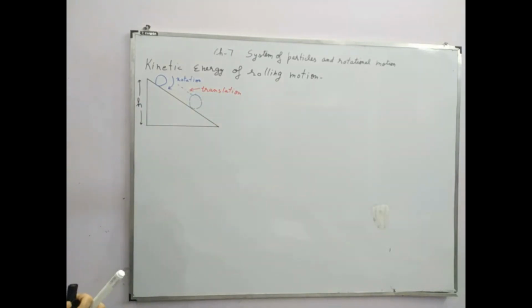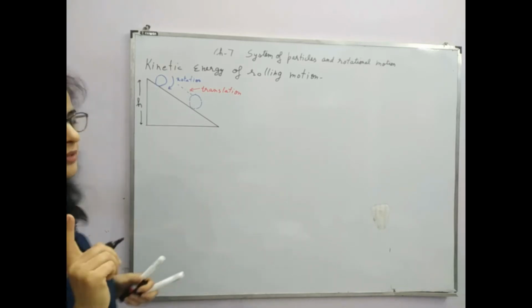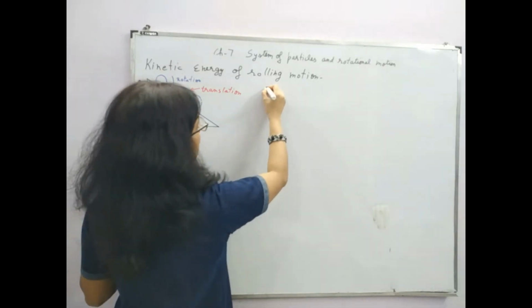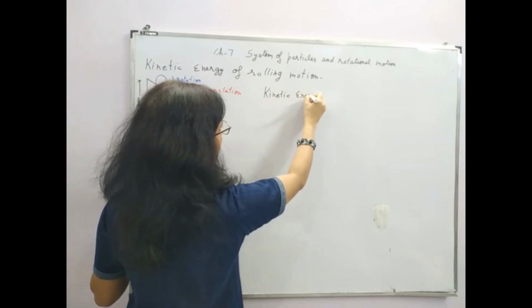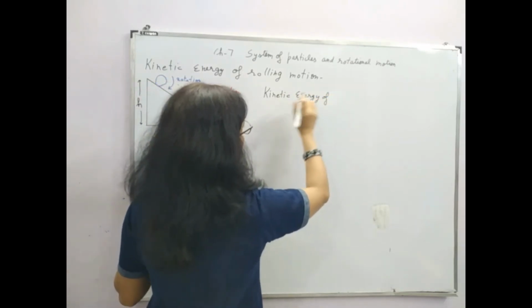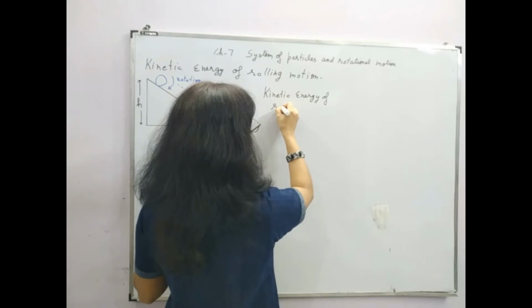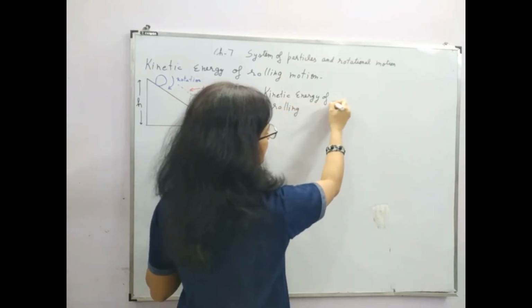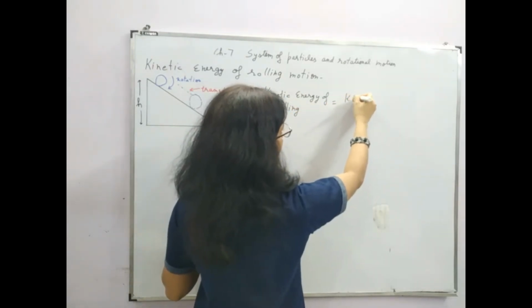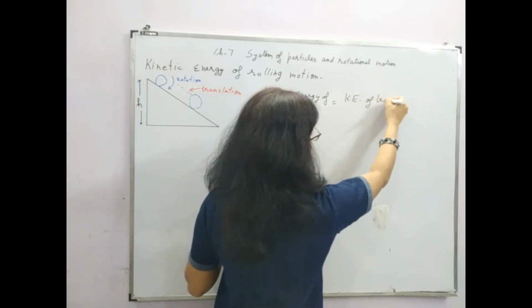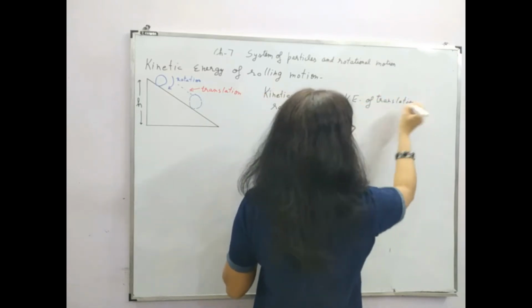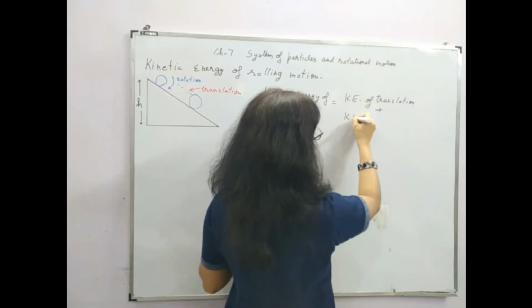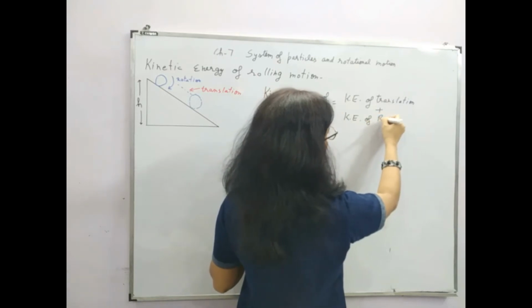So total kinetic energy of rolling motion will be the sum of the kinetic energy of translation plus kinetic energy of rotation. So kinetic energy of rolling is equal to kinetic energy of translation plus kinetic energy of rotation.